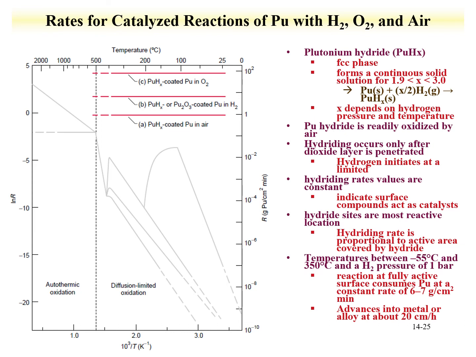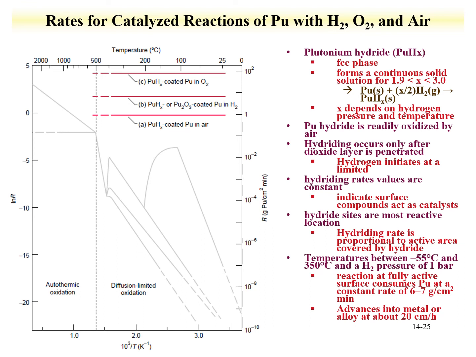So the hydride, it's not a true catalyst. It is fundamentally destroyed, but then the hydrogen migrates and then reforms the hydride later. We'll talk about that in the next slide. And obviously, from these rates, we see that these are the most reactive locations. In fact, from temperatures between -55 Celsius and 350 Celsius and a hydrogen atmosphere of 1 bar, the reaction is fully active.